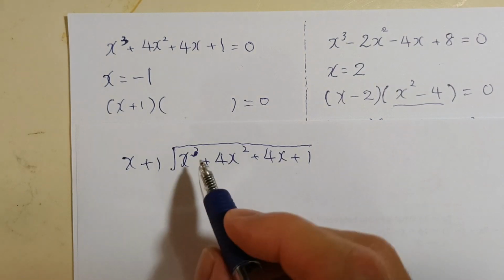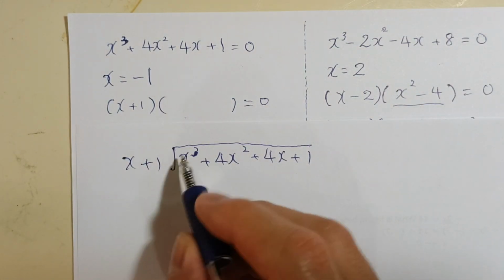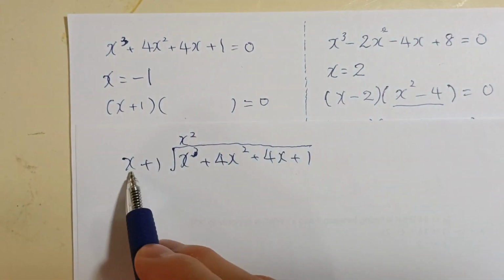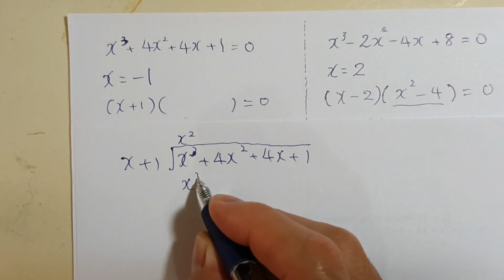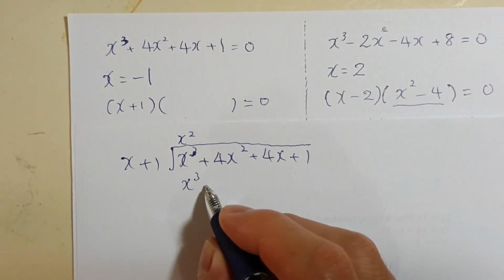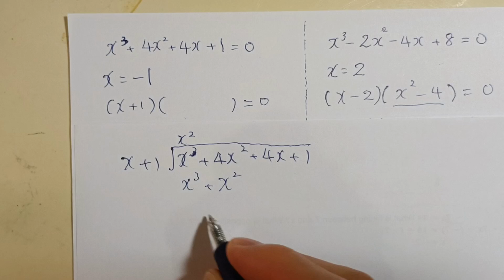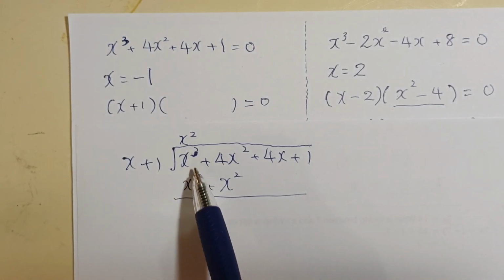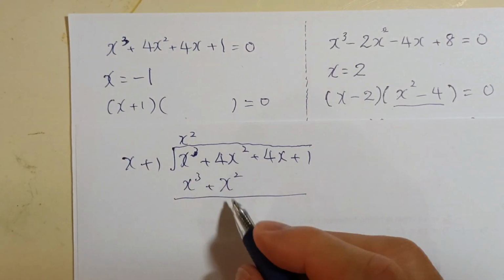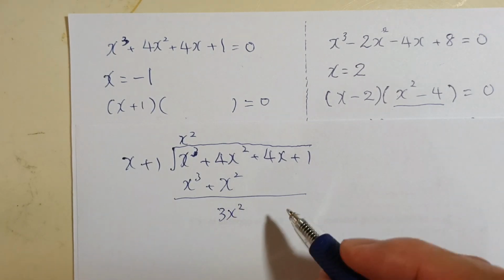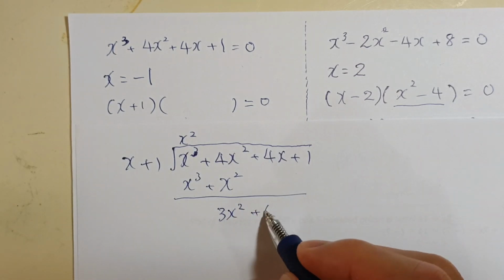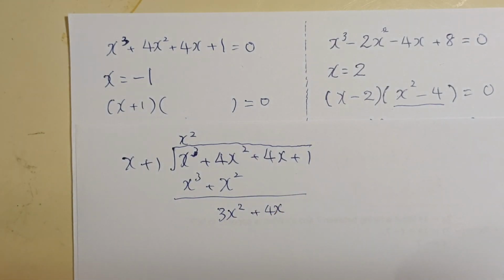Okay, if you times x squared on top of this one, you get the same expression here. Then you take away this, 0, this, take away this, 3x squared, and then you put this one down, 4x, right?